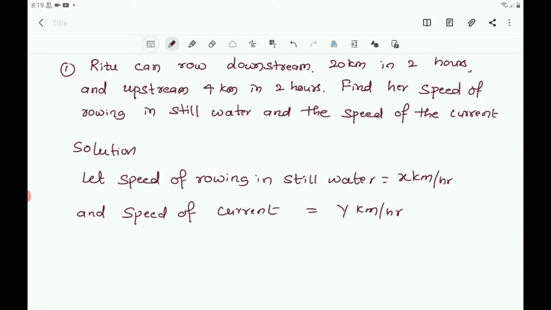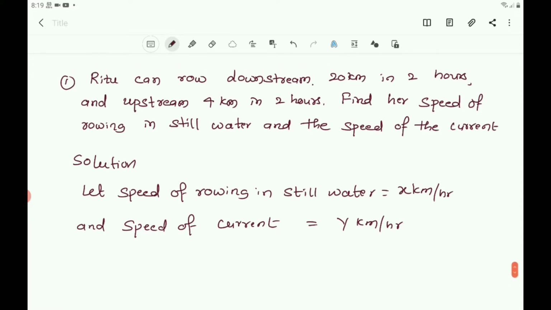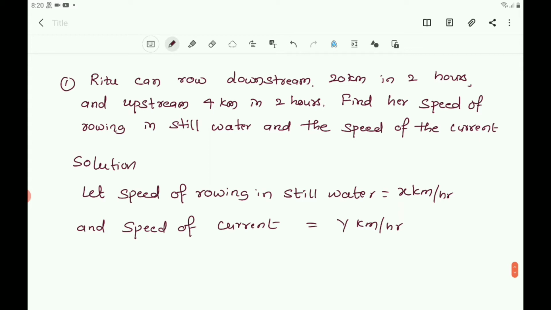Now you know that in the downstream the speed increases by the speed of current, and in the upstream the speed of rowing decreases by the speed of current.